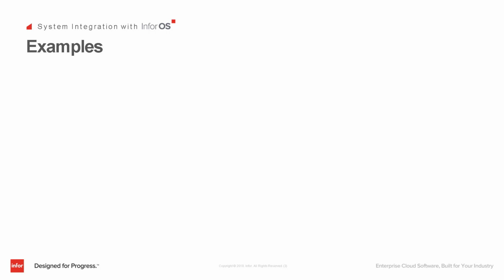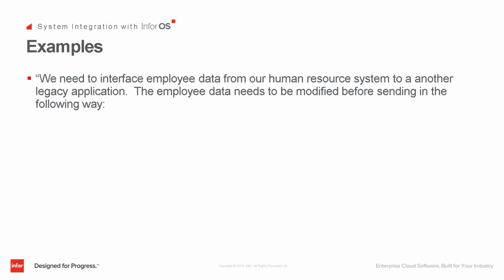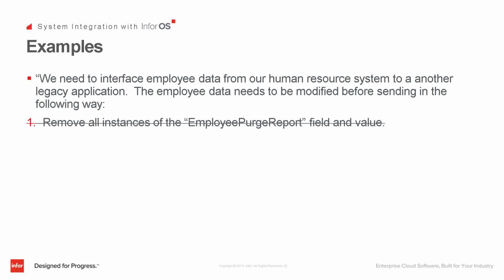Now to give a little more information about the examples that you're about to see in the demonstration. In the previous video, we came up with the hypothetical situation of retrieving some data from the Infor human resource application via an API call, and that JSON data set, we then needed to remove all instances of a certain field from the data set.